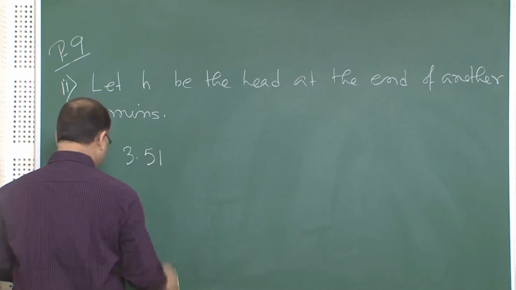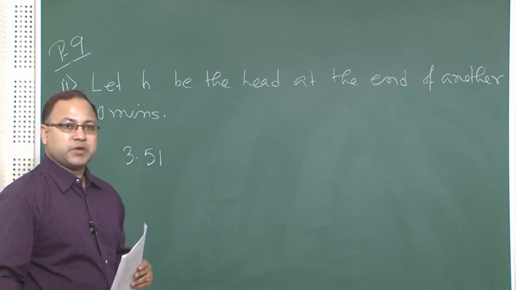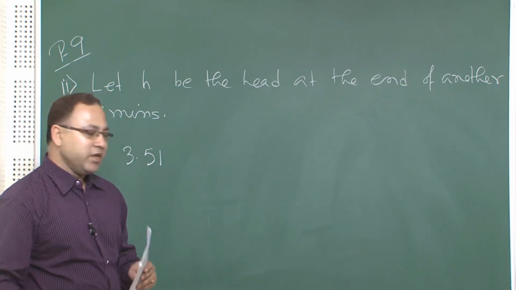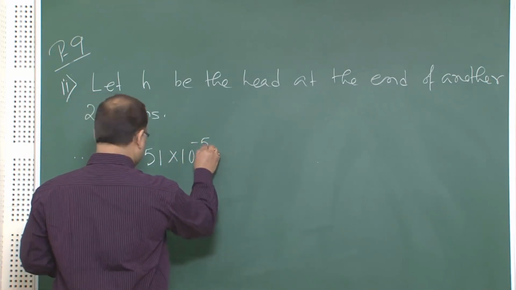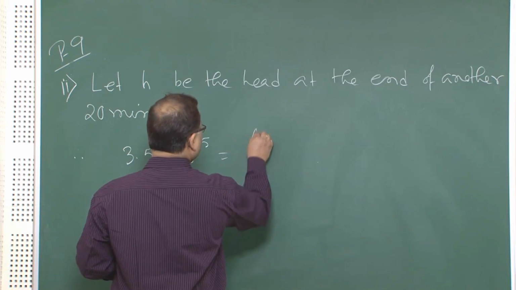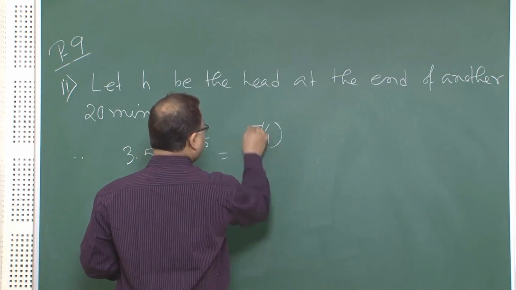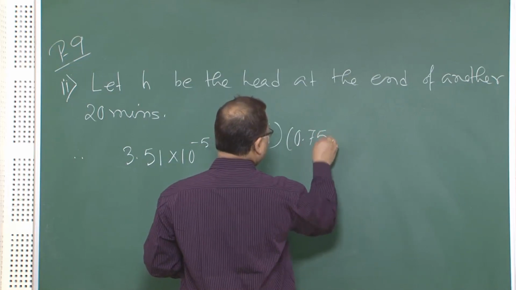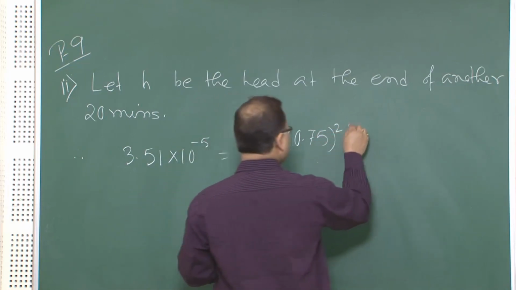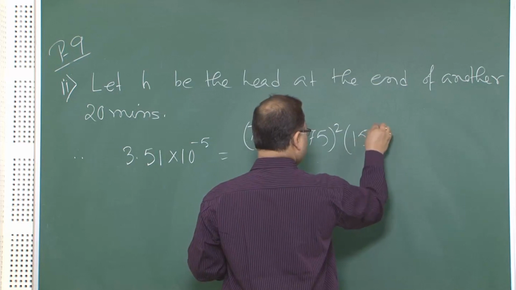Therefore, in the previous expression, now you have got the coefficient of permeability, so that is not unknown to me. So, 3.51 into 10 to the power minus 5 is equal to pi by 4 into 0.75 whole square into 15.